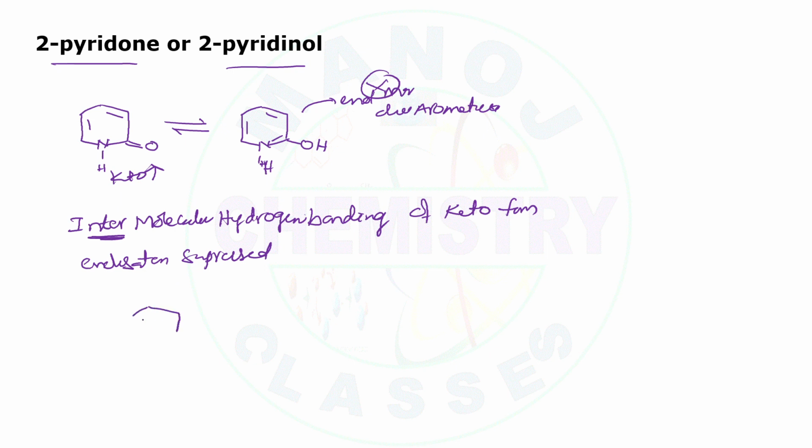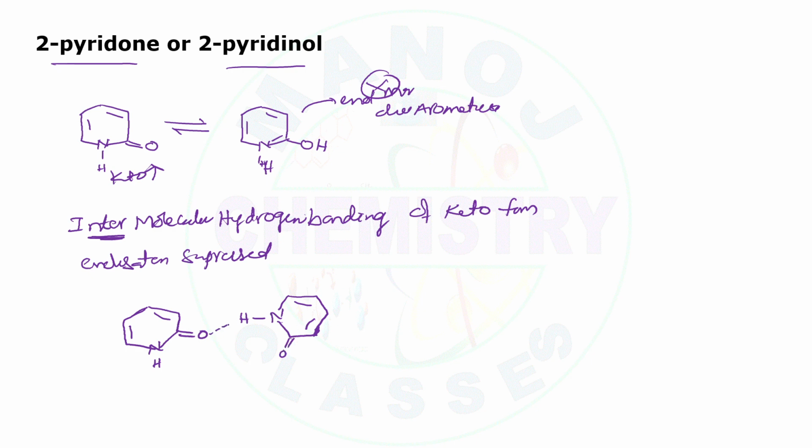So for example, I would like to show how the intermolecular hydrogen bonding will exist. Here NH will be there, here double bond, here double bond, here a double bond O. So this one will be intermolecular hydrogen bonding with the N. Here this one will be like this. Yeah, this one, and here a double bond, here one more double bond, here double bond O will be there.